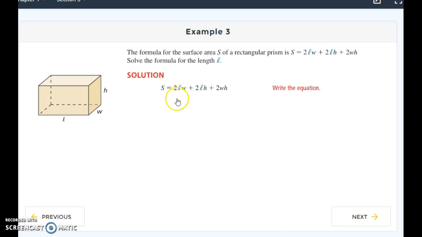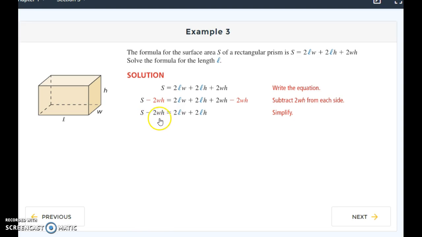We're kind of combining what we did in example 1 and example 2. I see that I have two terms with L in them, so I want to keep them together on one side of the equal sign and get everything else to the other side. I subtract this 2WH because there's no L in this term, so I want to get it to the other side. Then I simplify.